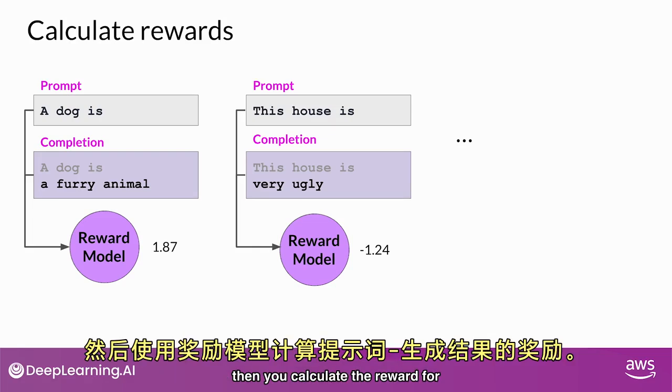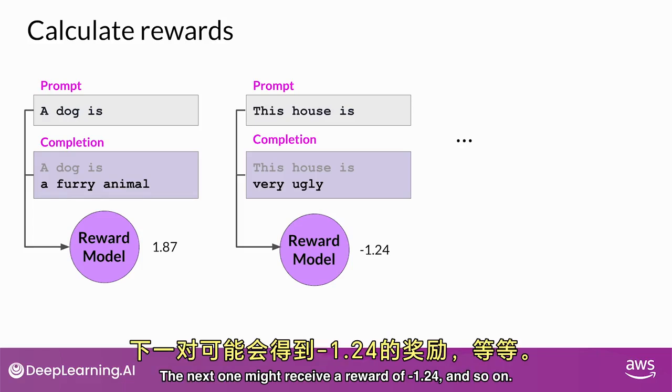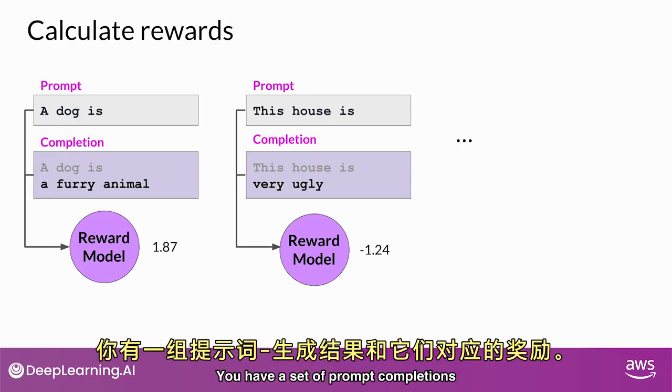Then you calculate the reward for the prompt completions using the reward model. For example, the first prompt completion shown here might receive a reward of 1.87. The next one might receive a reward of negative 1.24, and so on. You have a set of prompt completions and their corresponding rewards.